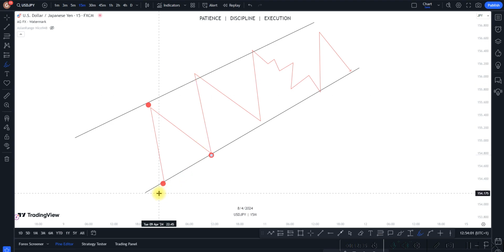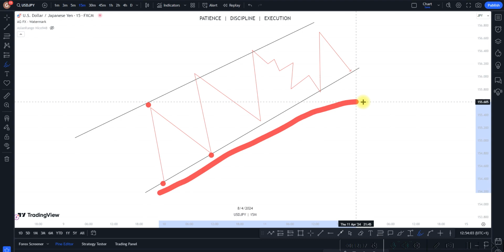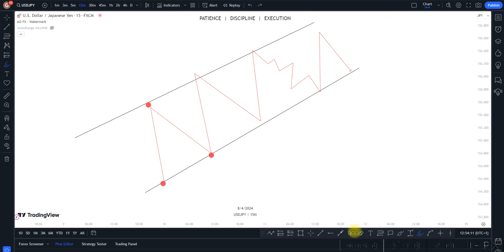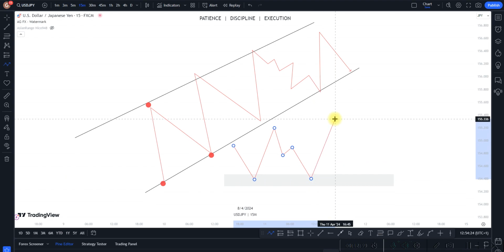Now, this particular point that is pushing price upward is what we call support, but it is regarded as trend line support. Normally for our horizontal support, we believe that whenever the market comes here, we have a push upward.